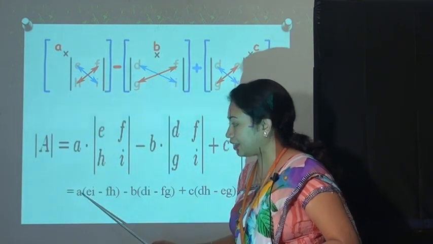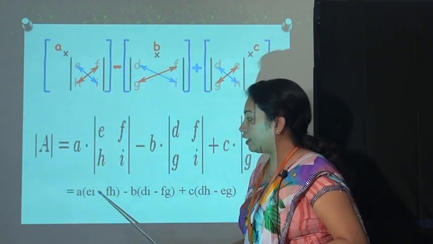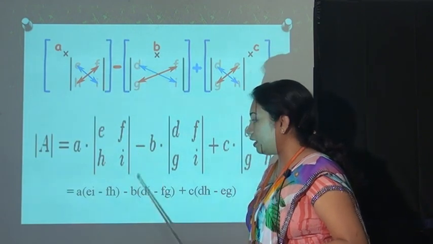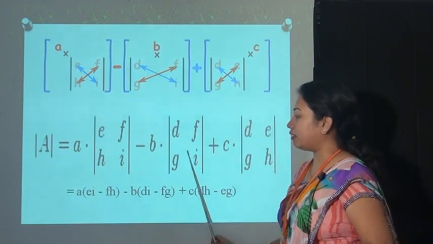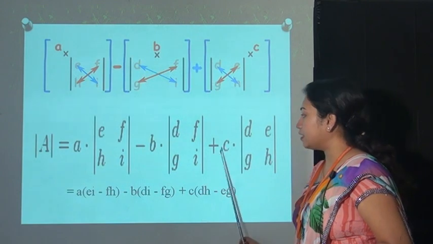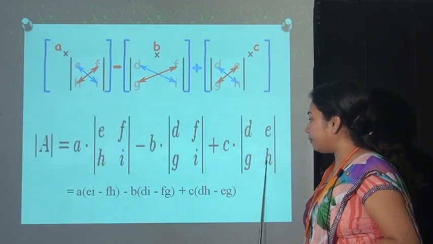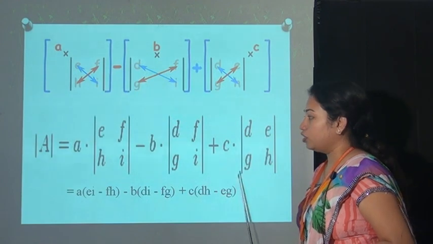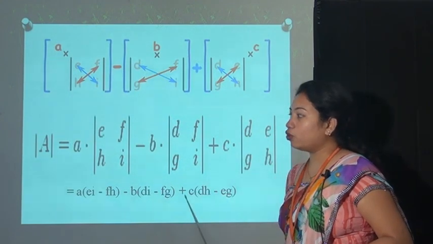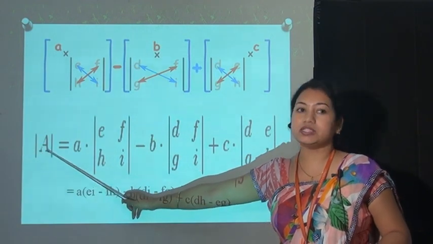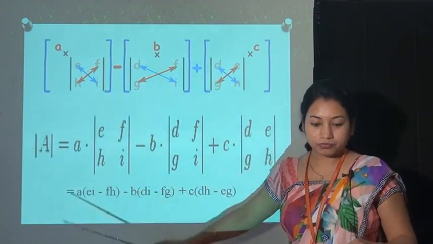So A as it is, times E into I minus F into H, minus B times D into I minus F into G, plus C times D into H minus E into G. This is the value of a determinant of order 3 by 3, that means 3 rows and 3 columns.